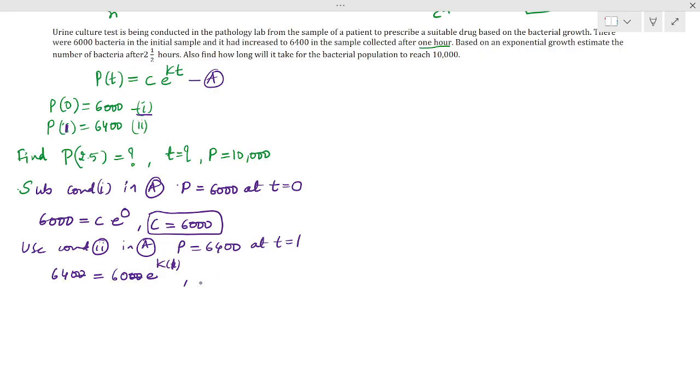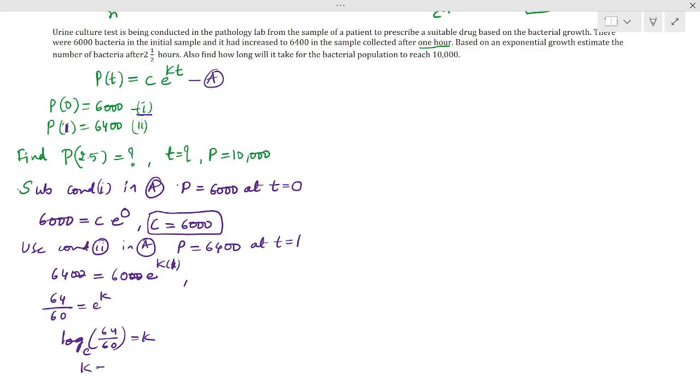This is 64 by 60 is equal to e raised to k. Since it is exponential, to find the value of k, the exponential goes to the left side. It will become log of 64 by 60 to the base e is equal to k.